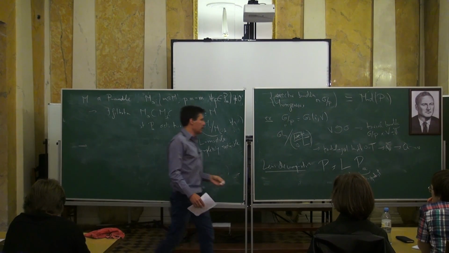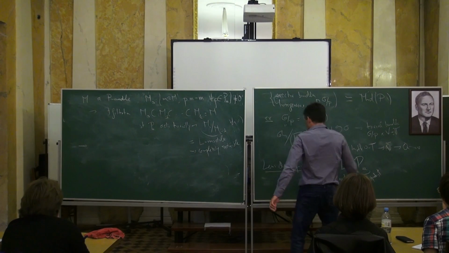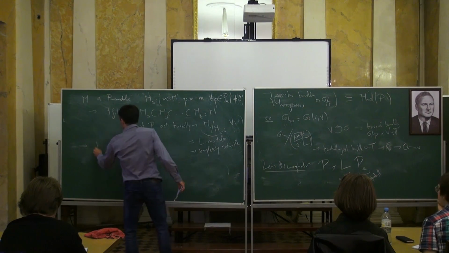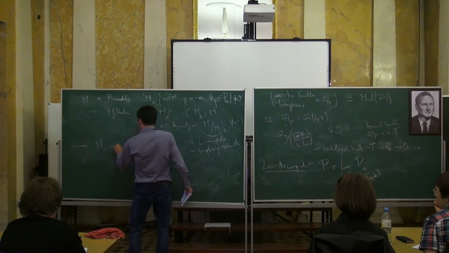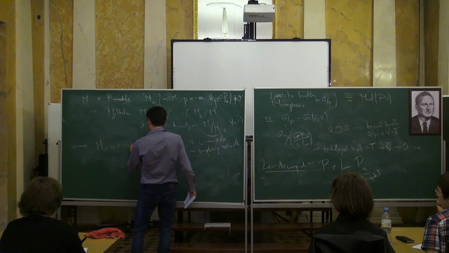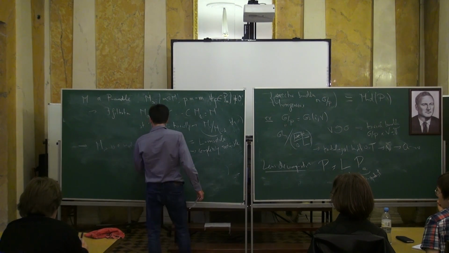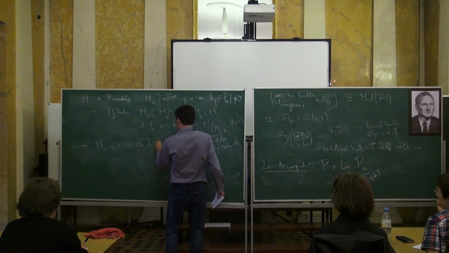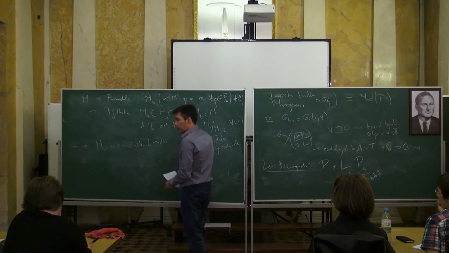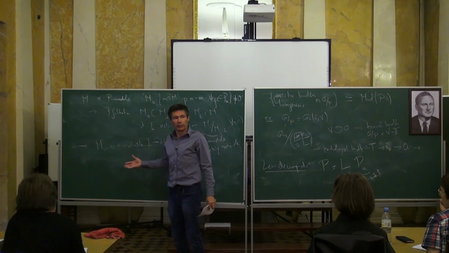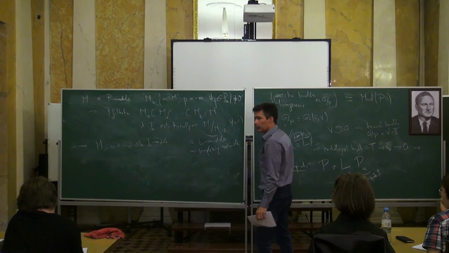So conversely, we can take any L module. Suppose that M_lambda is an irreducible L module. Then we can, of course, upgrade it to a P module just by saying that the action of the unipotent part must be trivial.